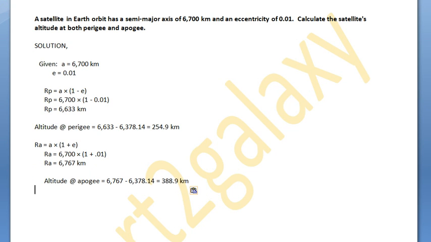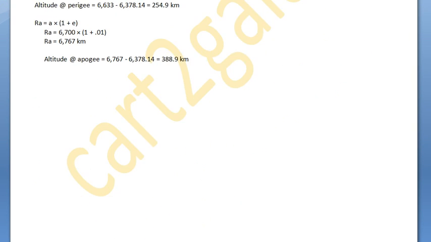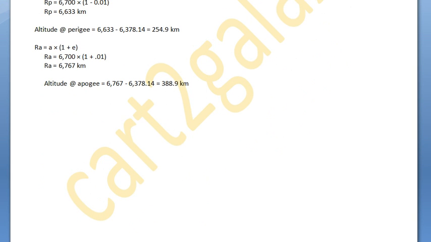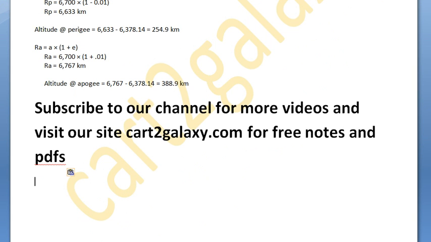Similarly, we can calculate the altitude of apogee as we did for perigee. So the altitude of apogee is 6767 − 6378.14, which equals 388.9 km. So that's it. This is the final solution of the problem.